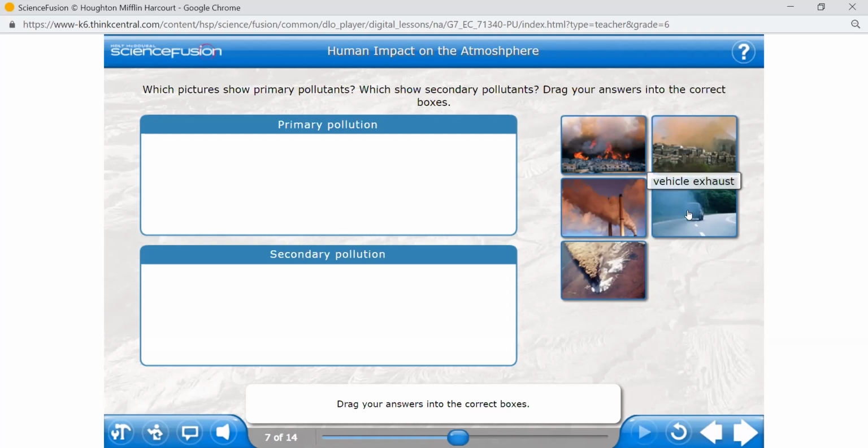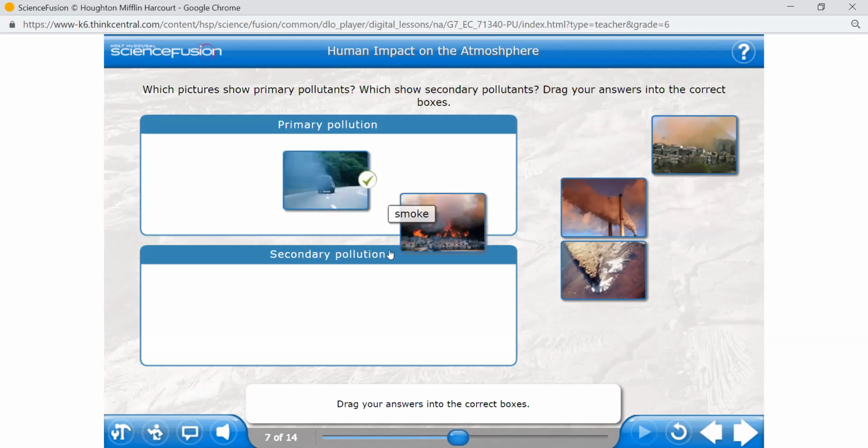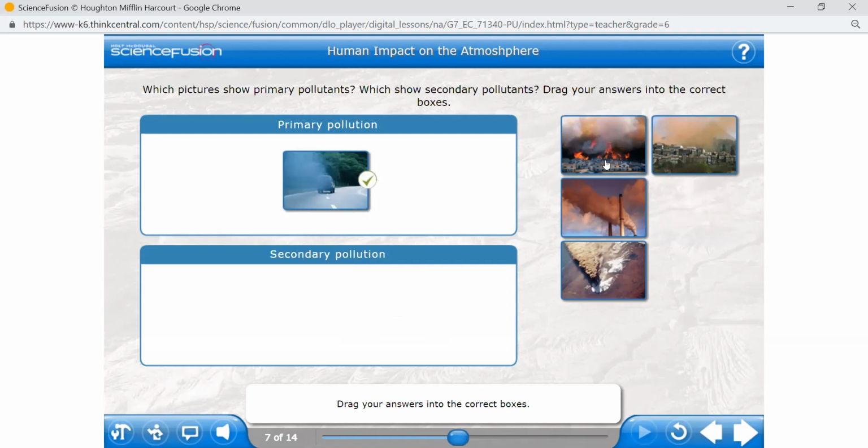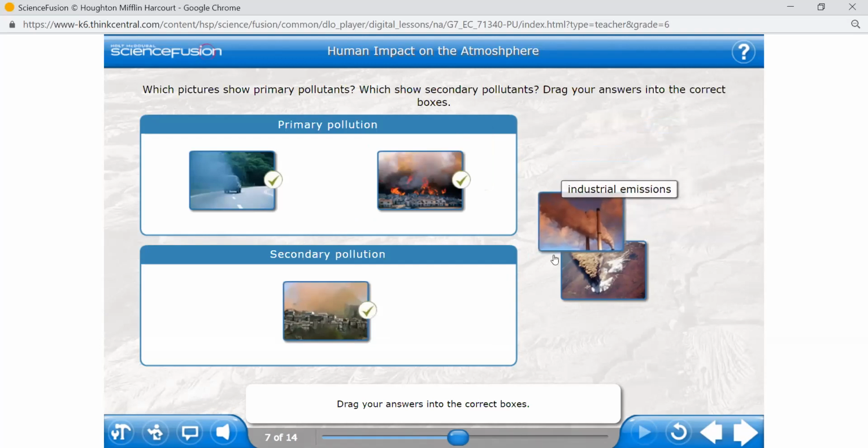It was not that much harmful, but when it reacts, like acid rain, it is a secondary pollutant. Okay, tell me about the vehicle exhaust. Primary or secondary? Primary. Good. Smoke. Primary. Smog. Secondary. Industrial emissions.